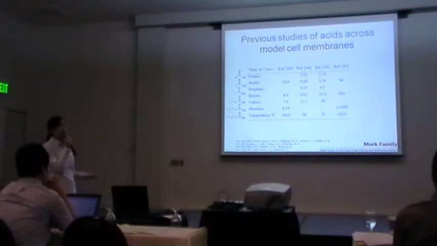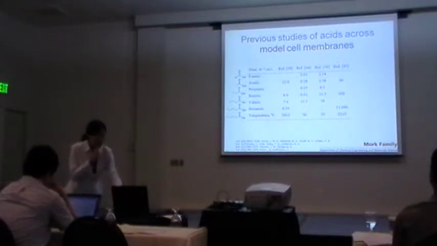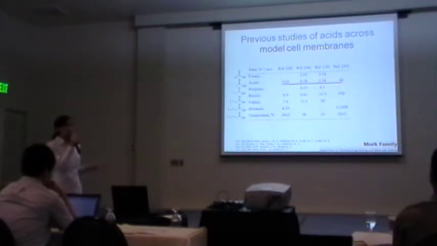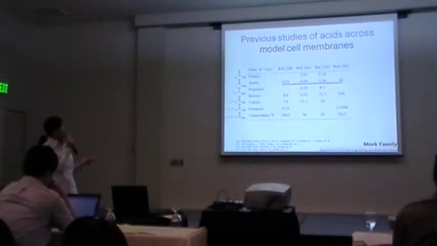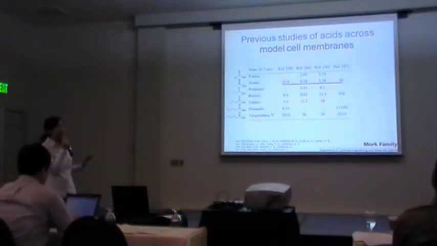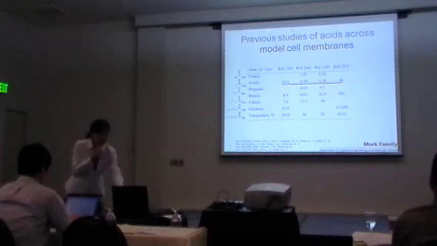Some results obey Overton's rule, and some results violate Overton's rule. And even for the same acid, their permeabilities varied a lot. So this means that there must exist some flaws in their experimental operations.